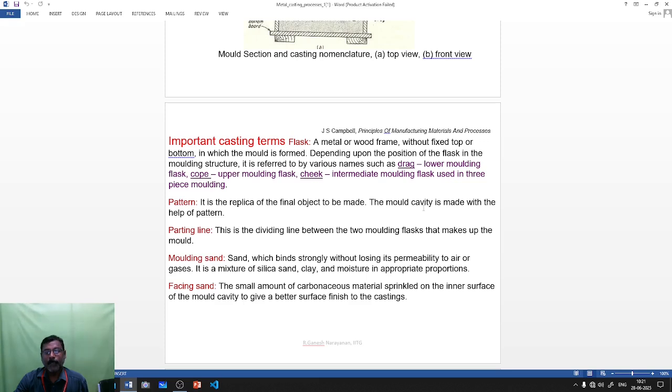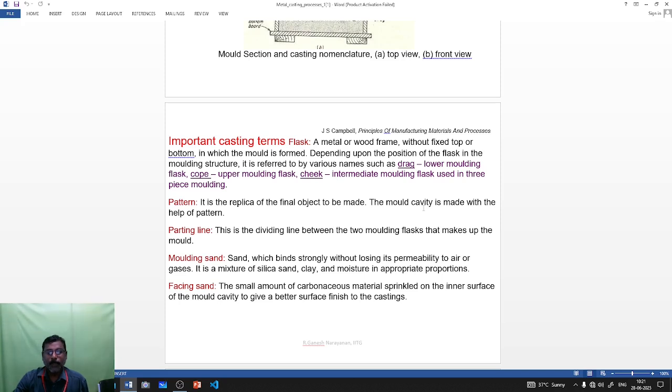The mold cavity is made with the help of patterns. Parting line: the dividing line between the two molding flasks that makes up the mold. And molding sand, which is the main raw material in the casting process.